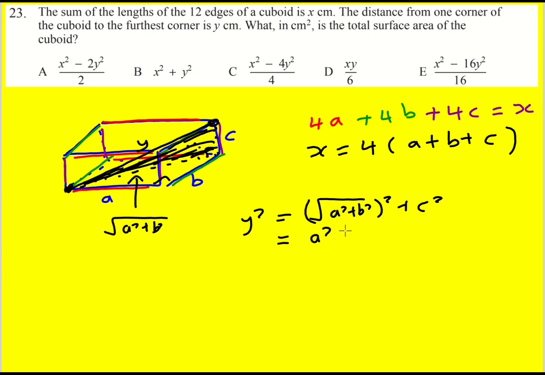So that gives me A squared plus B squared plus C squared. And actually this is a 3D Pythagoras' theorem. You could have gone straight there potentially.